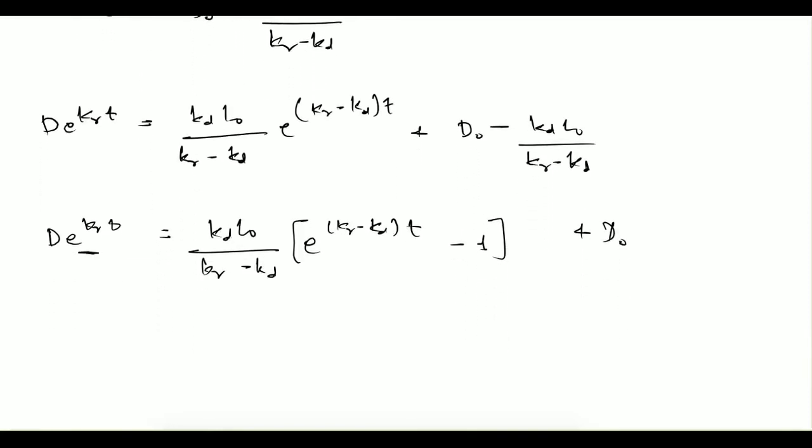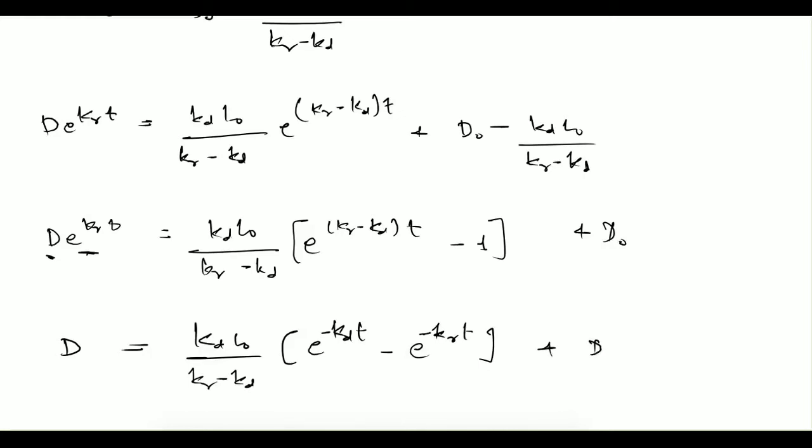We are interested in finding the deficit, so we divide by e to the power kr into t on the right side. So we get D is equal to kd L naught divided by kr minus kd multiplied by e to the power minus kd into t minus e to the power minus kr into t, plus D naught e to the power minus kr into t.